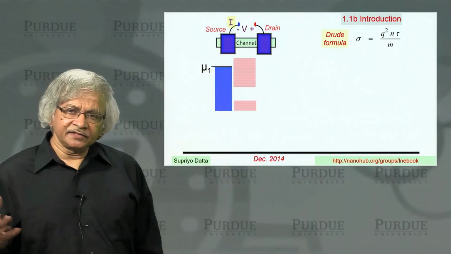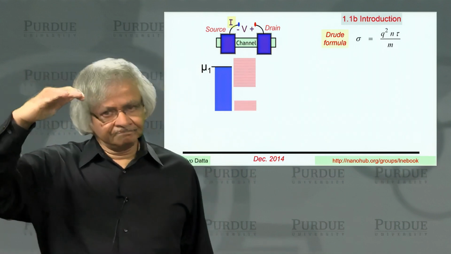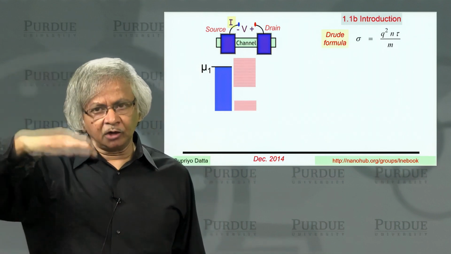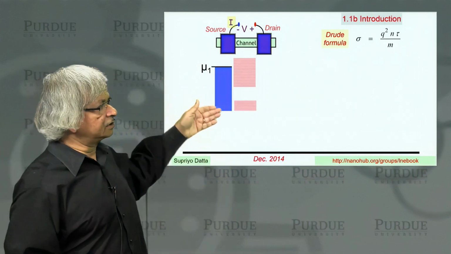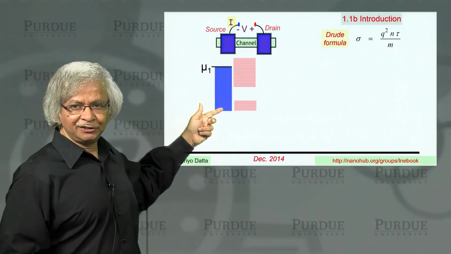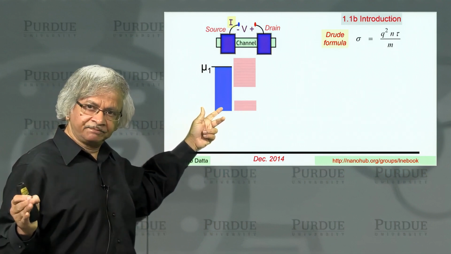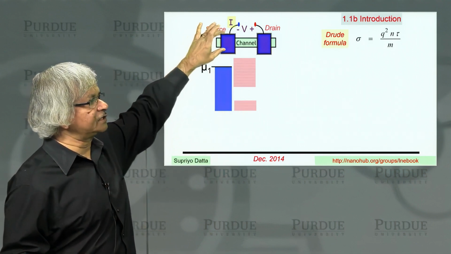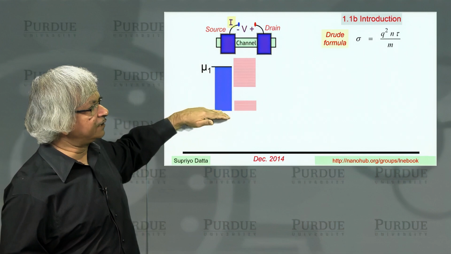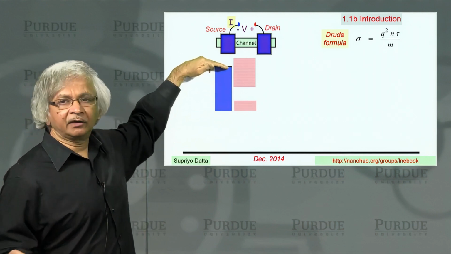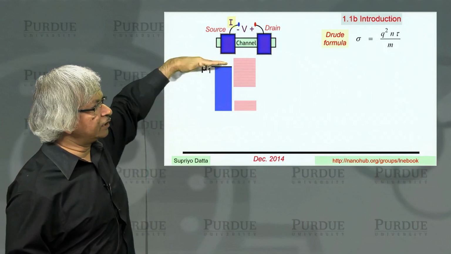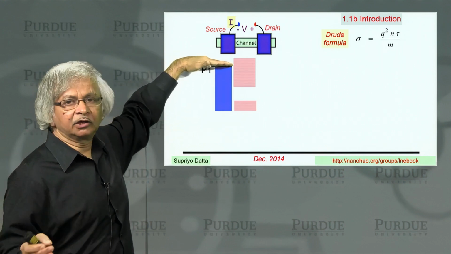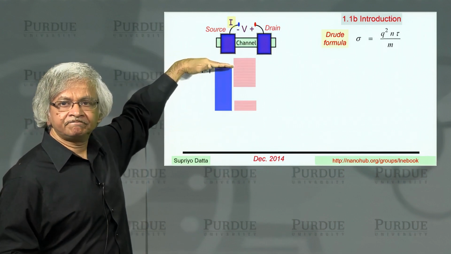And the idea here is that electrons, as you know, left to themselves, want to occupy the lowest energy state. But they all cannot just go into the lowest energy because of the exclusion principle. So if you have 1,000,000 electrons in here, you have to have at least 1,000,000 levels to accommodate them. So this mu tells you how far you need to fill them up in order to accommodate all of them.